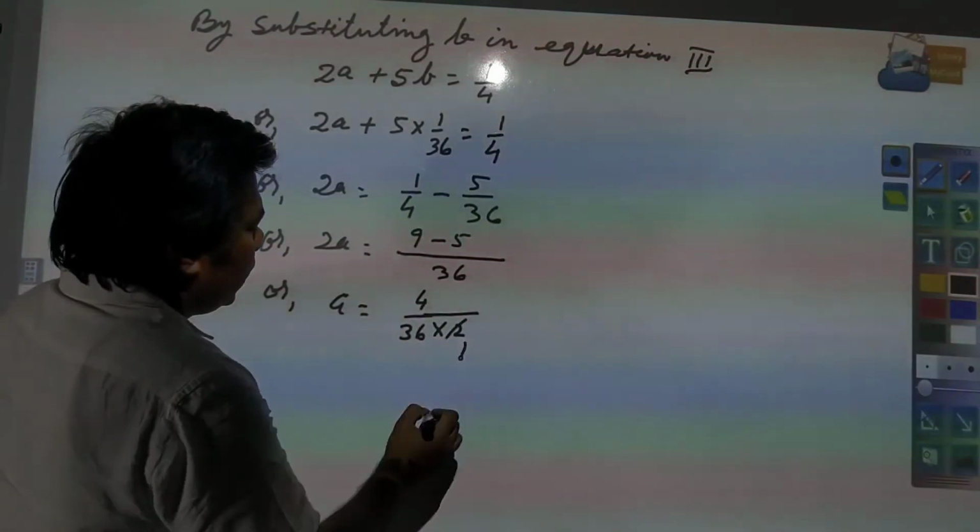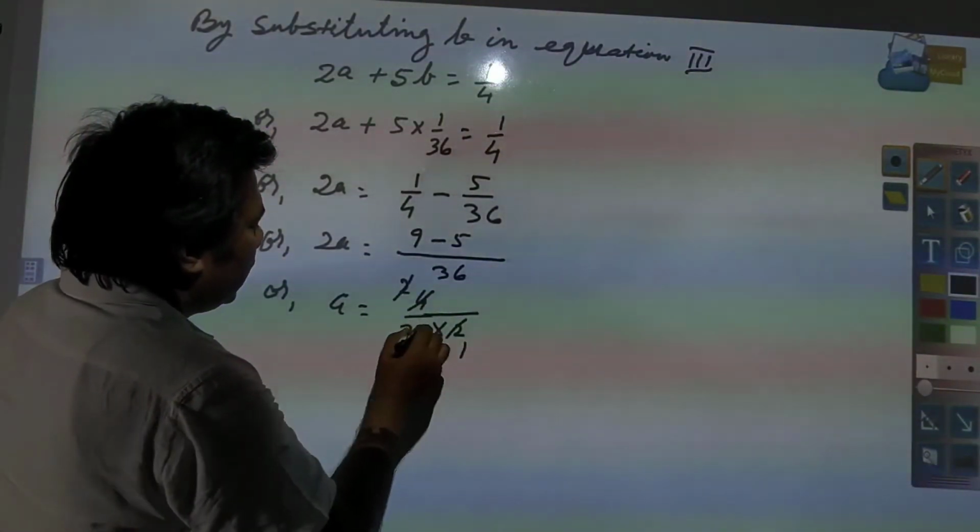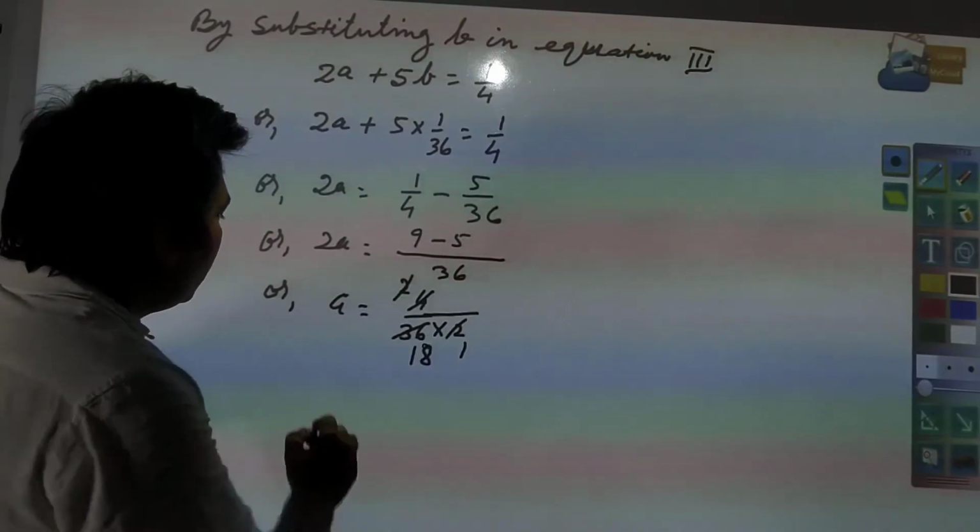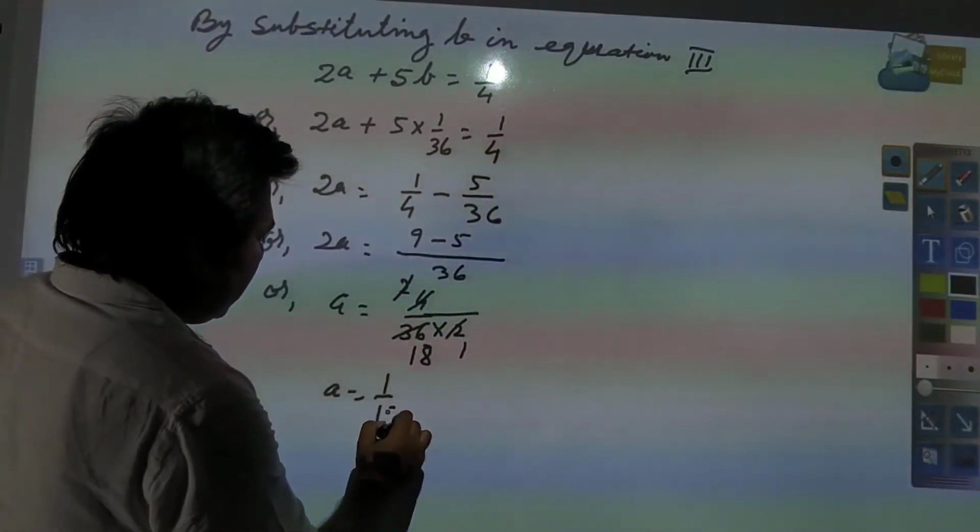So this will be 2 ones are 2, 2 twos are 4, and this will be 18. So a you have got 1 by 18.